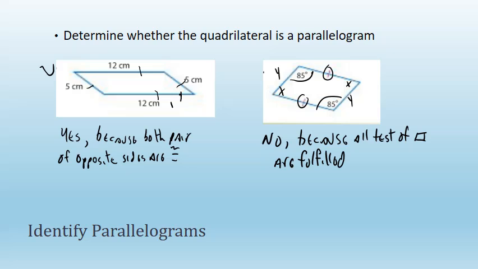So you have to be careful here because you might jump to the conclusion, oh, I see opposite angles that are congruent, I see opposite sides that are congruent, but the key element is that both pairs of opposite sides have to be congruent, and both pairs of opposite angles have to be congruent. And in this diagram that we see on the right, well, we just do not know. And so therefore, we can't say for sure.